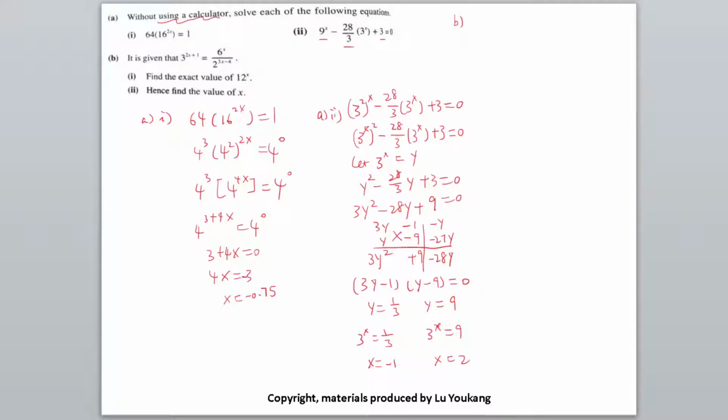Now let's come to part B of the question. Over here, let me rewrite the question down first. As I'm writing down the question, you clearly see they are of different bases.